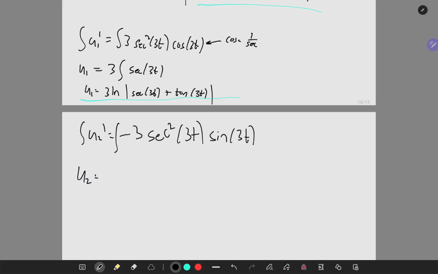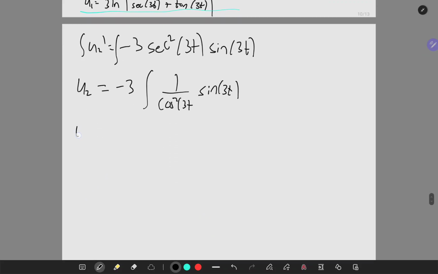So u2 is equal to -3 integral. I'm going to rewrite this as 1 over cosine squared of 3t times sine of 3t. Actually, let me get right to u sub.